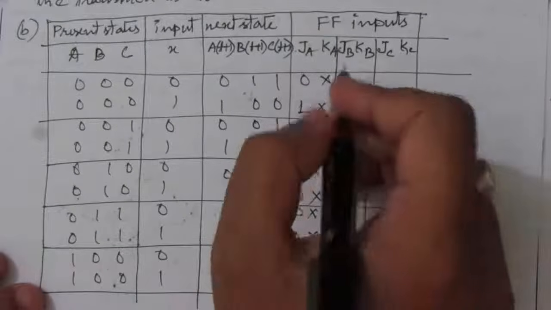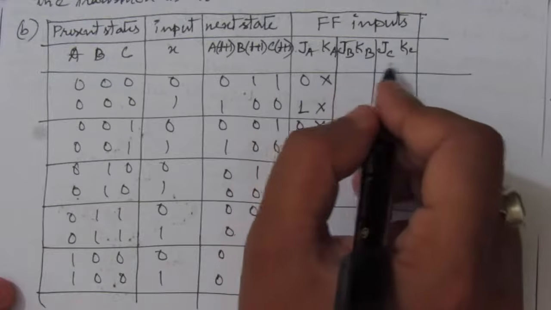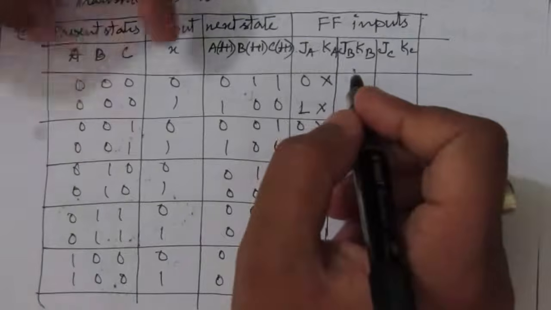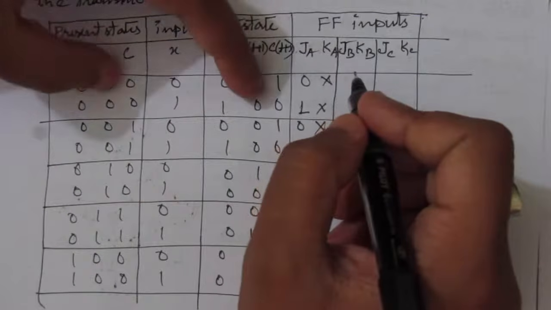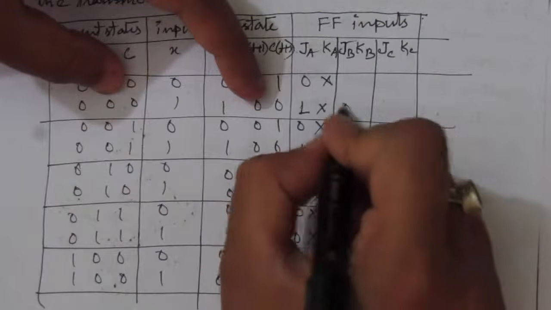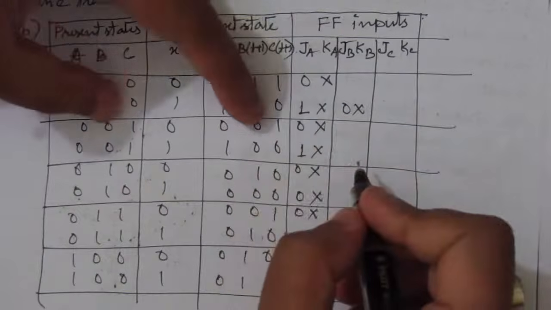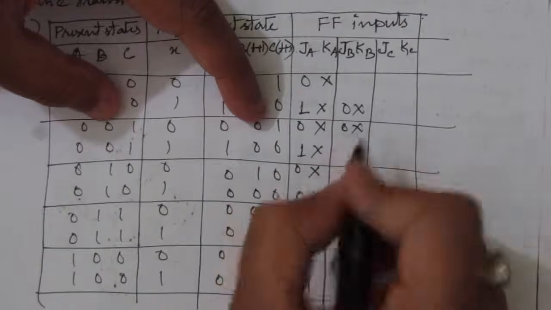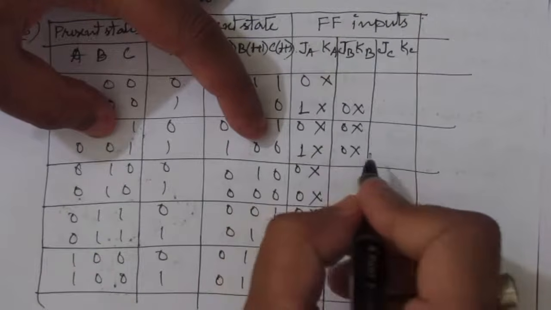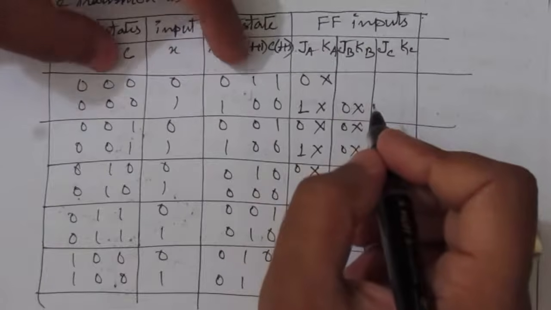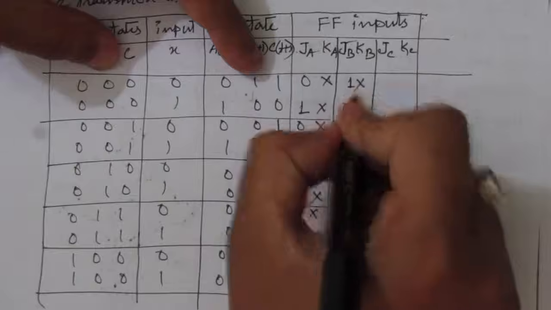Now let me directly write down the JB, KB values. For 0 0 we'll have 0, don't care, so 0 0 0, don't care, again 0, don't care. Now for 0 1, we'll have 1, don't care.